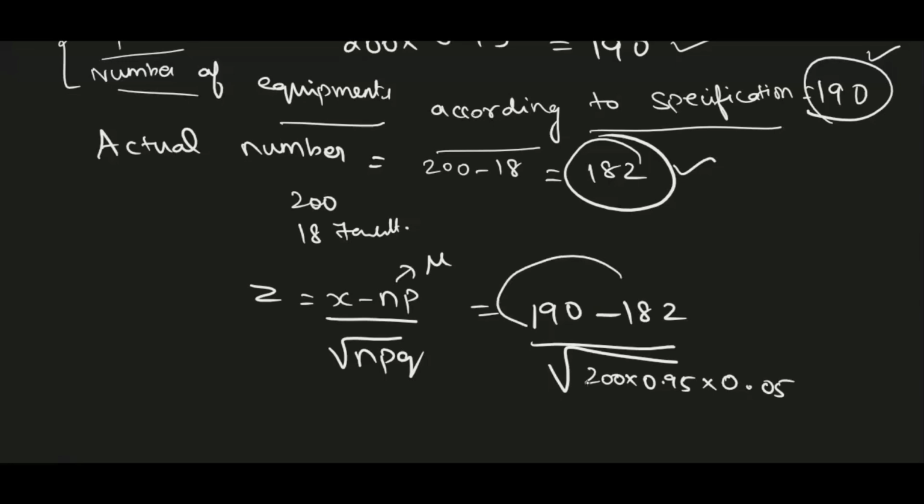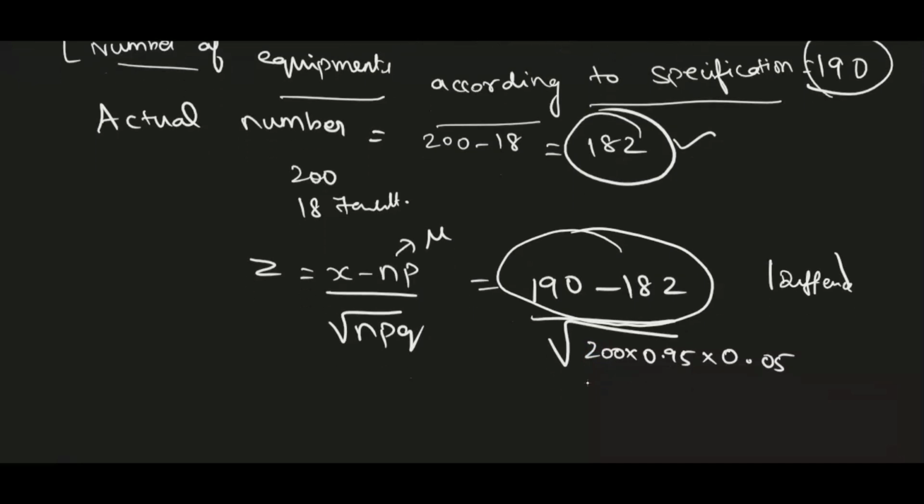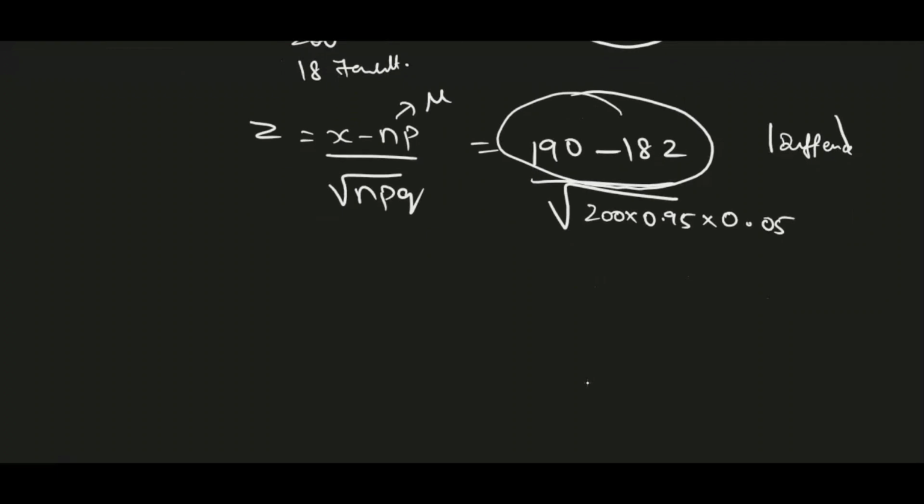Make sure that the bigger number minus the smaller number you are writing in the numerator. Or you can write modulus also, because this is nothing but the difference. I want to note the difference, so I will write only the positive value. So if you write 182 minus 190, then you put modulus, or you write 190 minus 182 in the numerator.